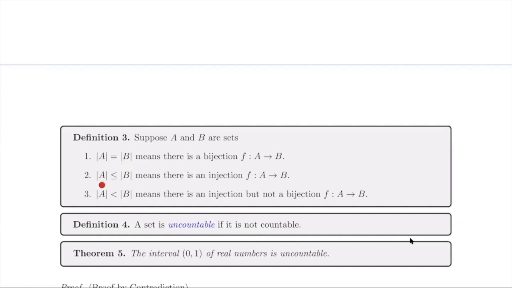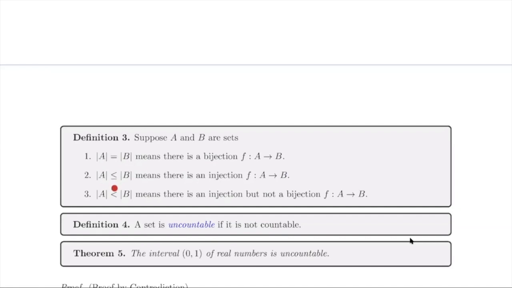We say the cardinality of one set is less than or equal to the cardinality of another if there's an injection from A to B. If there's an injection, that means there's a one-to-one map, so everything in A has its own unique element in B. So it would be impossible for B to be a smaller set.